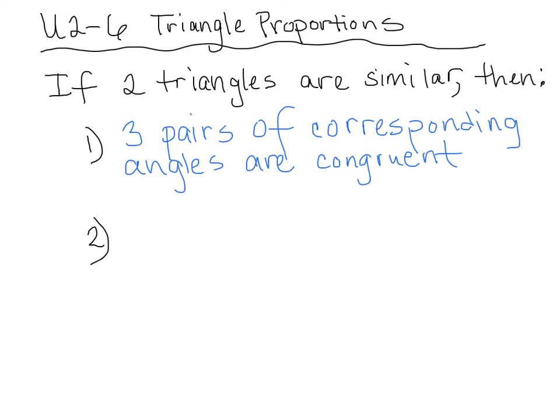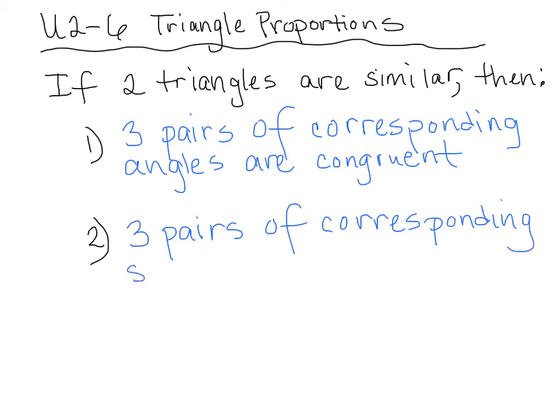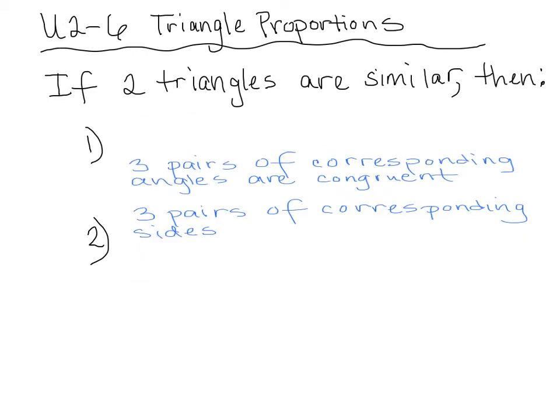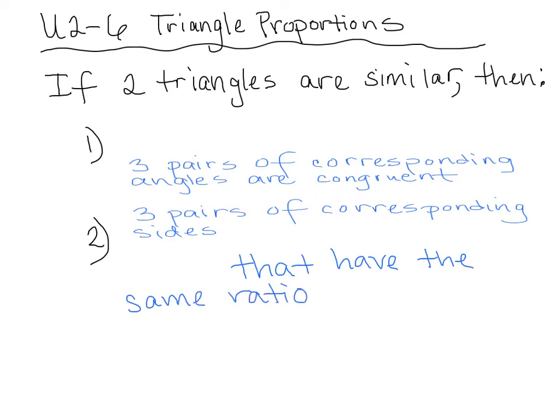So if two triangles are similar, then there are three pairs of corresponding sides that have the same ratio. Okay, and having the same ratio means those sides are all proportional. So I'm also going to write that, proportional.